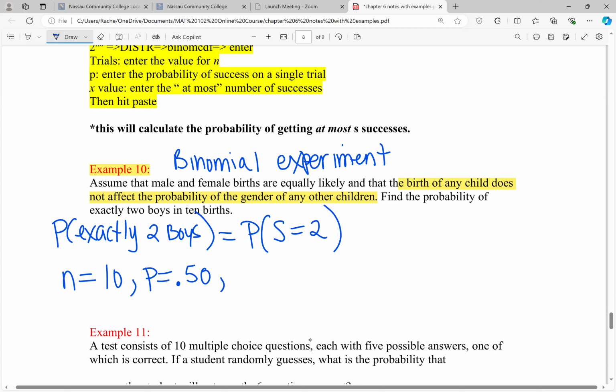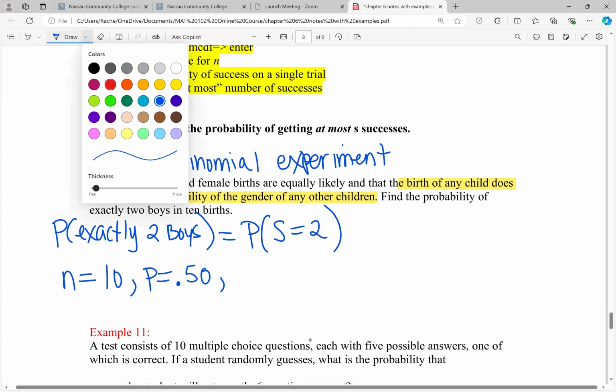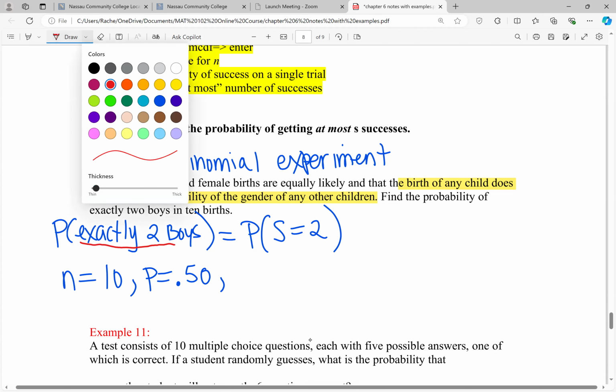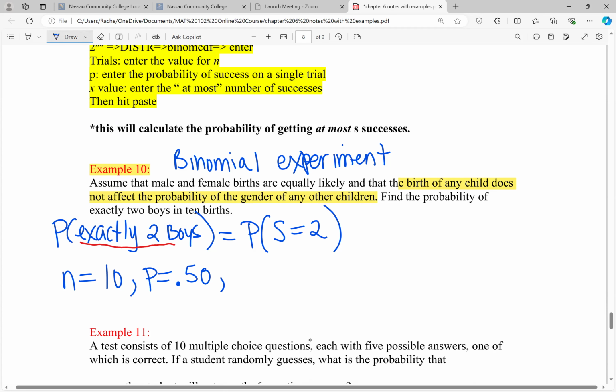And now for this one, what are we trying to find the probability of? We're trying to find the probability of exactly 2 boys or exactly 2 successes. That's what we're looking for. The probability that the number of successes is 2. So S is equal to 2 in this case. Now we can go to the calculator because we could choose binom.